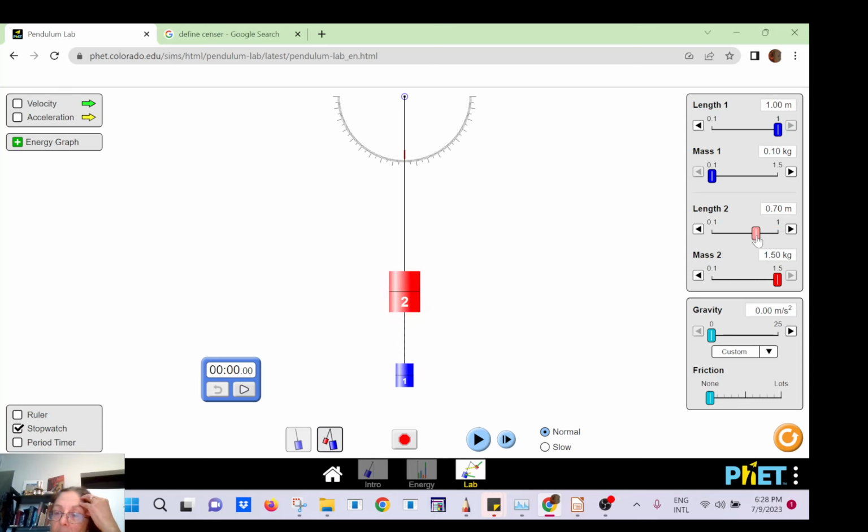So I don't know if you can do that here. If the length is 25 centimeter, and I displace it here, let's say.